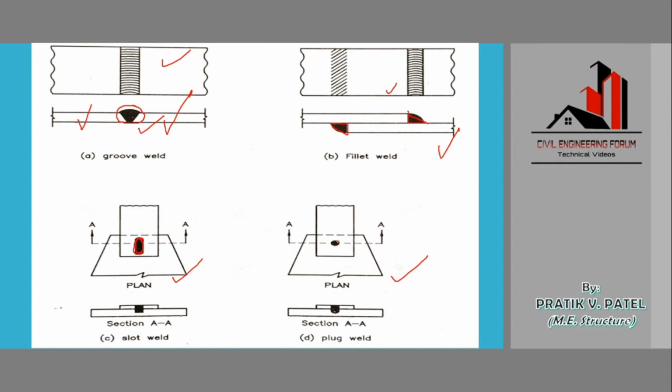Here a spot can be seen in the plan where we can see that punching operation is done to weld from a particular point, and here also partial penetration in the bottom plate is seen. But here there is a plug and here there is a slot. The shape of these two are different. So these are the diagram of all the four welds.